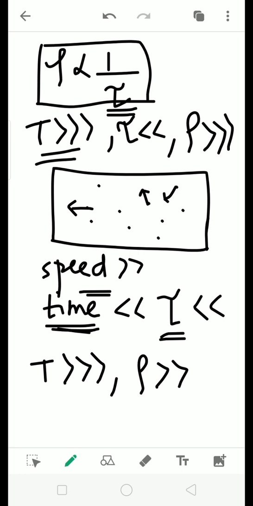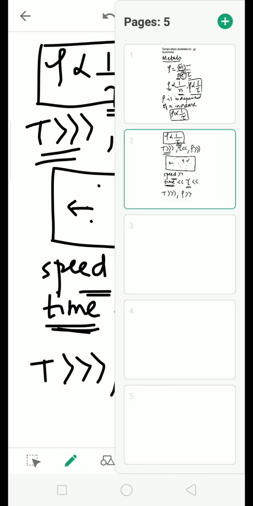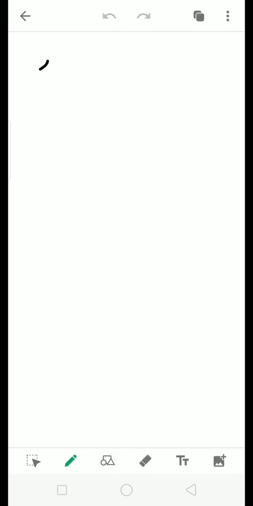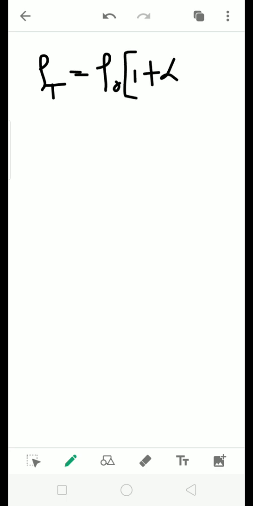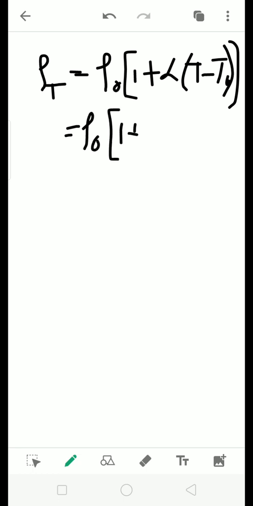So the resistivity of a metallic conductor is approximately given by the equation rho T equals rho naught into 1 plus alpha into T minus T naught. We can also write that as rho naught into 1 plus alpha del T, where del T is T minus T naught.